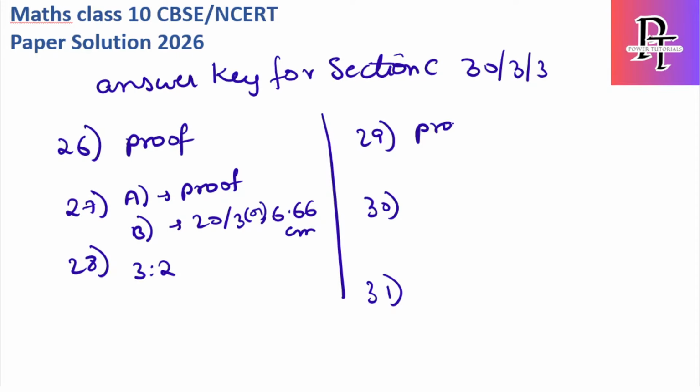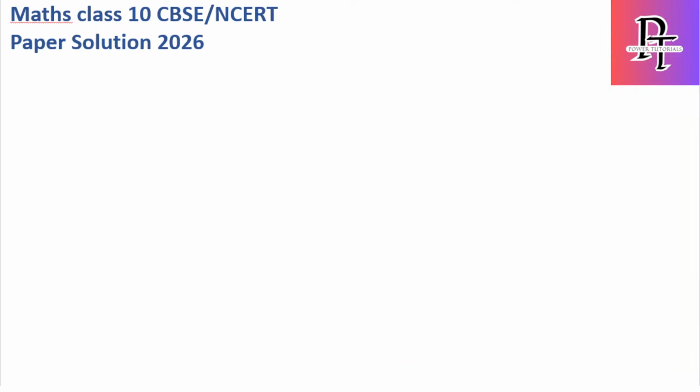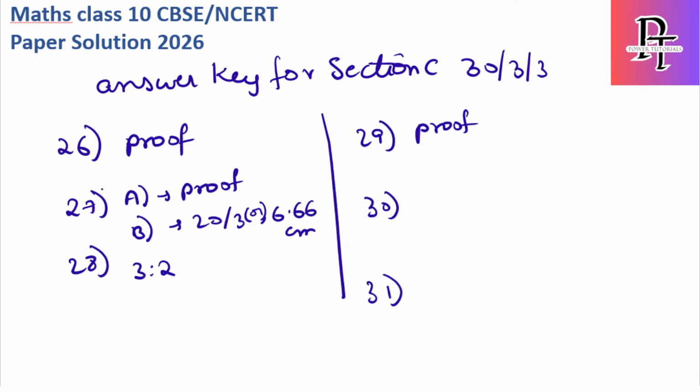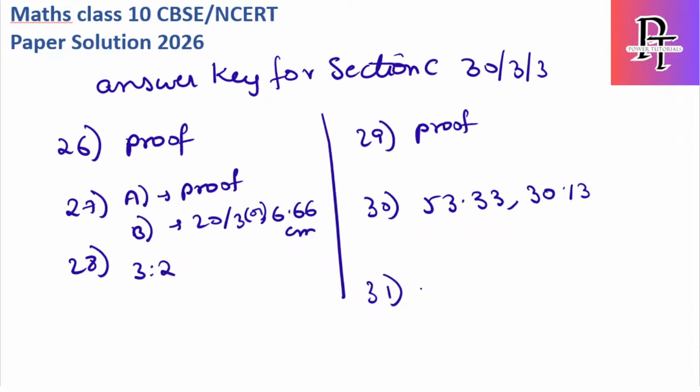This is proof. 53.33, 30.13. And the last question we just got the answer, which is minus 16 comma minus 15.